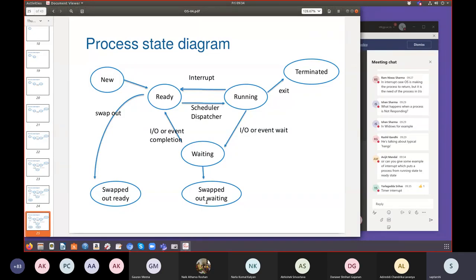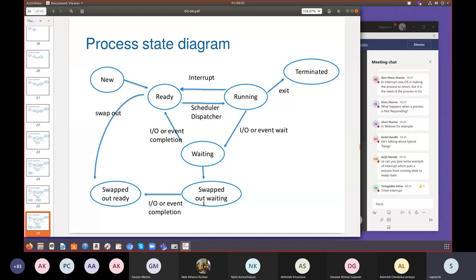Right? Because again, the swapping out usually happens if there is not enough memory. So both from the ready state as well as from the waiting state, a process may need to be swapped out. Okay.